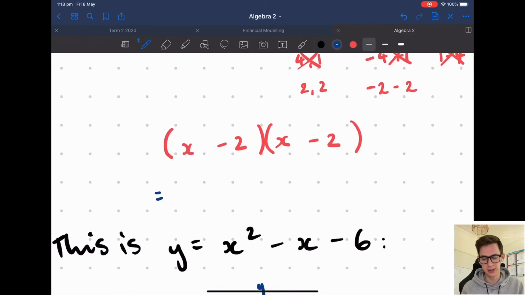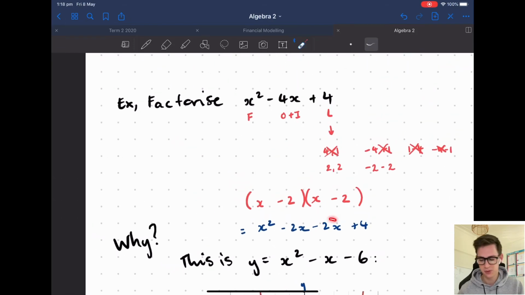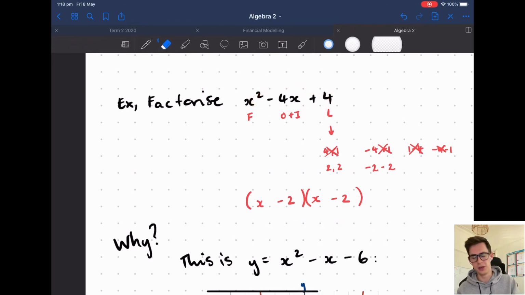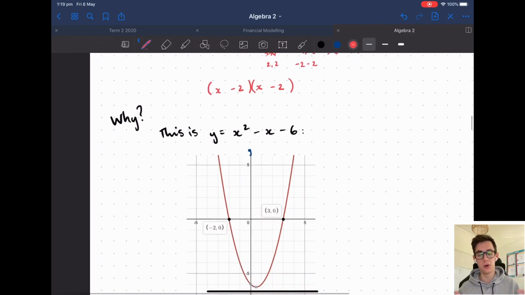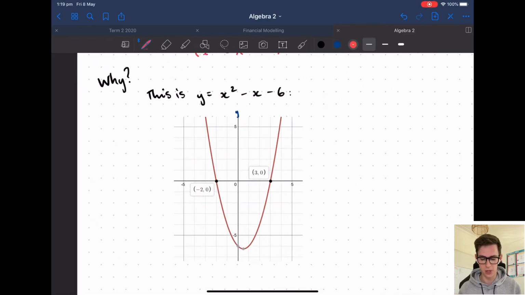If you expanded this the whole way through, you'd get x squared minus 2x minus 2x plus 4. And if you were to bring those minus 2x's together, then you would get this same expression up here. So you can always use that to check your answer, even though I know you'll never actually check your answer because nobody does.